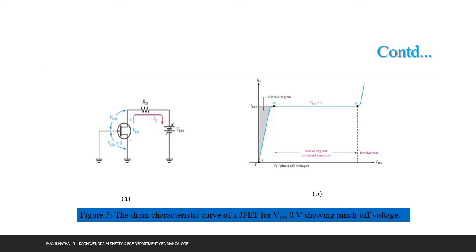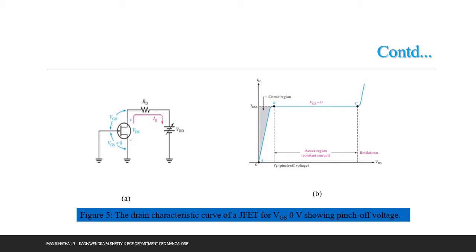The reason is that, in a reverse biased condition, the depletion width of the PN junction will become saturated, so the drain current will also become saturated. The value of VDS at which the drain current becomes saturated is called the pinch-off voltage.